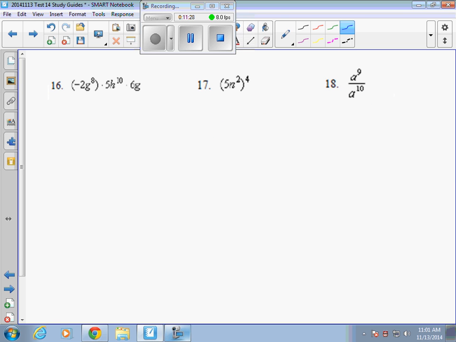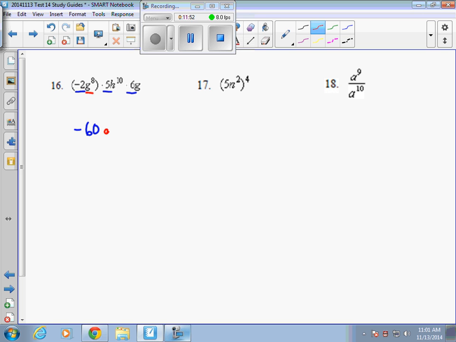Number 16 says negative 2g to the 8th power times 5h to the 10th power times 6g. Multiply all of your coefficients. Negative 2 times 5 is negative 10. Negative 10 times 6 is negative 60. So we got negative 60. Then multiply all of your same bases.